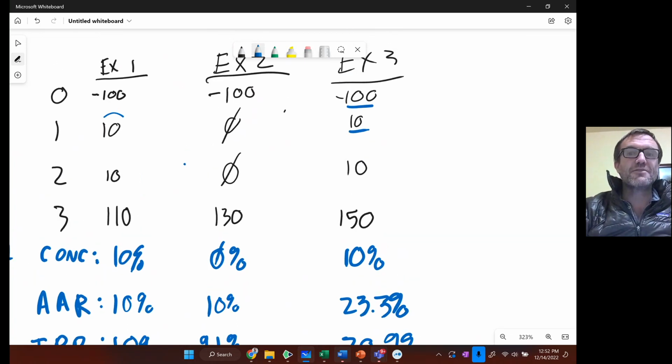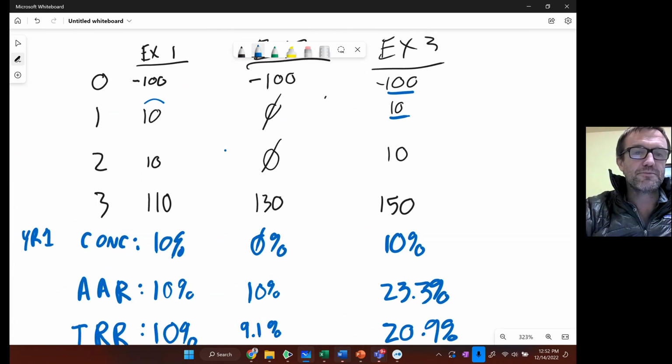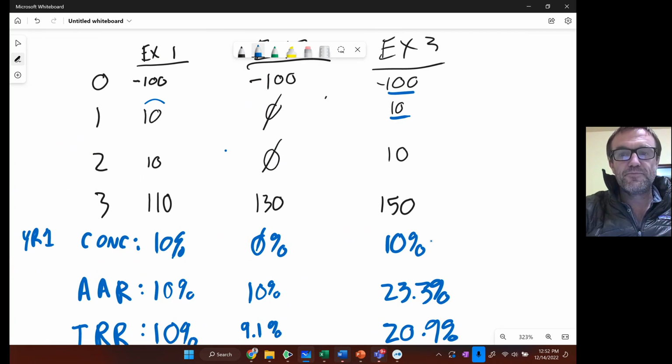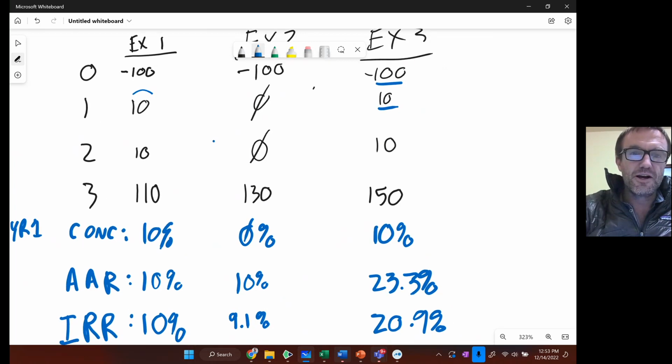The cash on cash is just any given year. Oftentimes people look at it in year 1, but it's any given year. It's the distribution divided by how much money you put in. The AAR is the total amount divided by the years. So it's basically saying if you're just getting interest on your capital and you're not getting interest on your interest, what your return would have been on that capital.